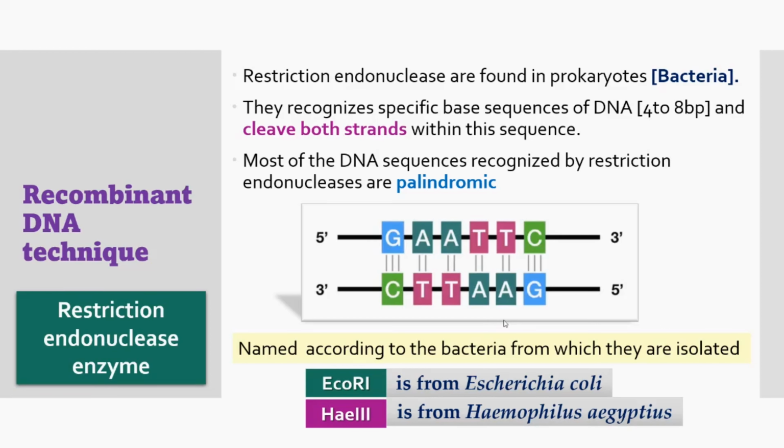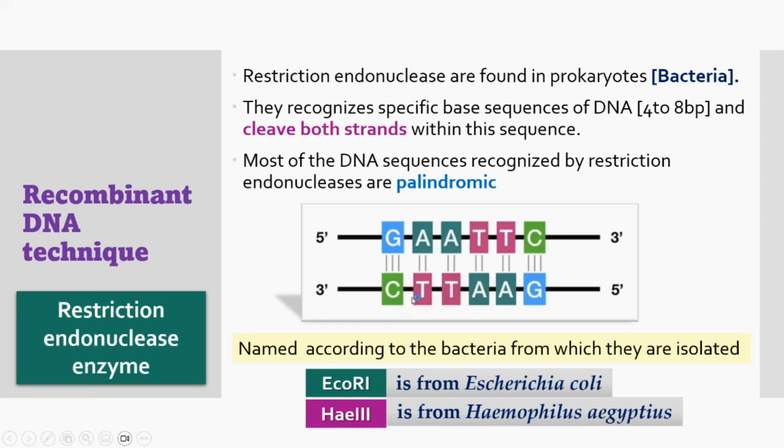What I mean to say is, in double stranded DNA, the sequences are palindromic in nature. Palindromic means, if you see here I have a piece of double stranded DNA. If you read the code from 5 prime to 3 prime, you can see GAATTC. The same sequence, if you read from the bottom strand 5 prime to 3 prime, you can see GAATTC.